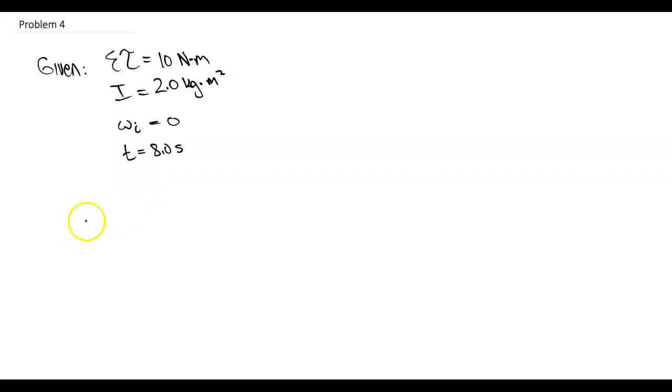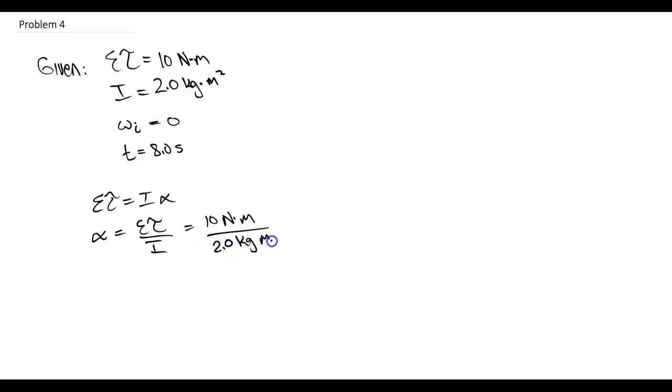So, what is the average power delivered is what we're asking. If we use the fact that the sum of the torques is I alpha, then alpha equals the sum of the torques over I, which is 10 Newton meters per 2 kilogram meters squared.